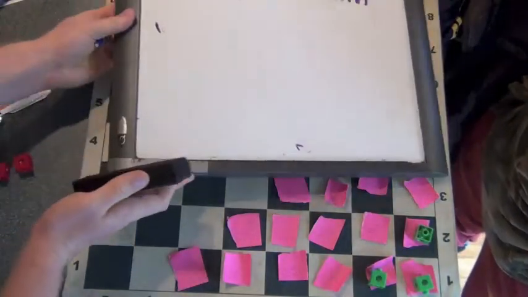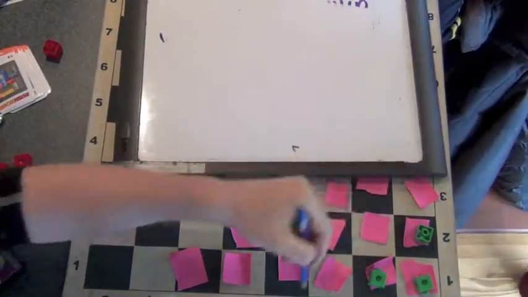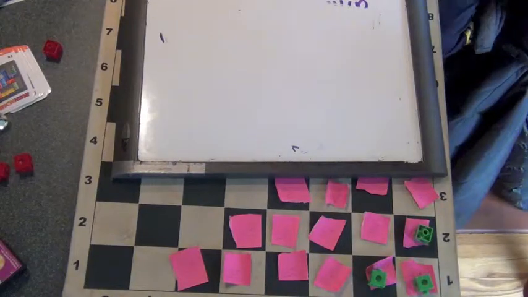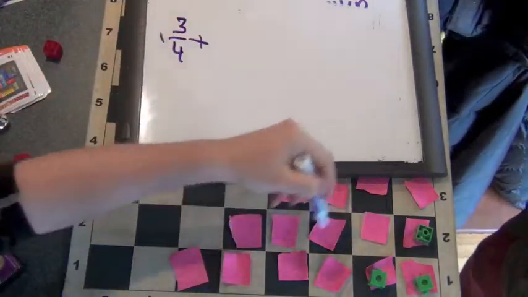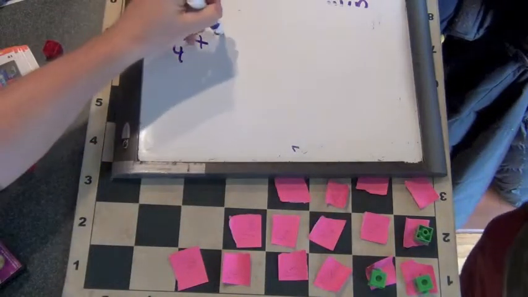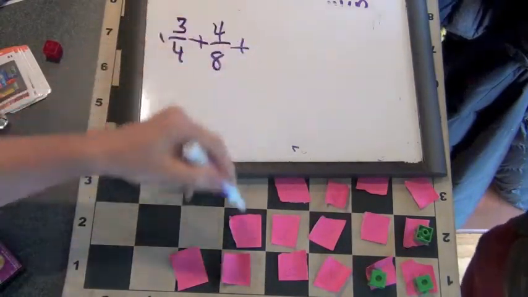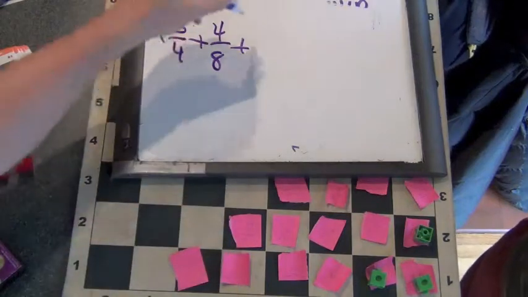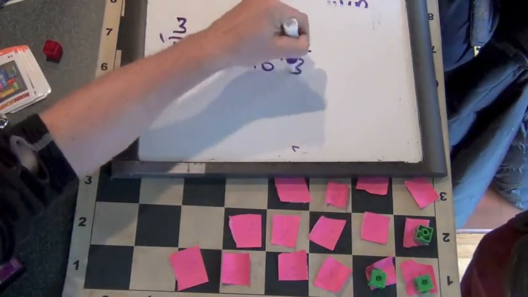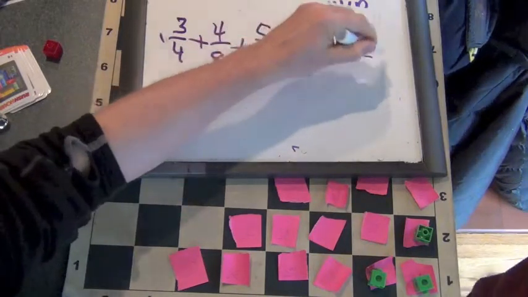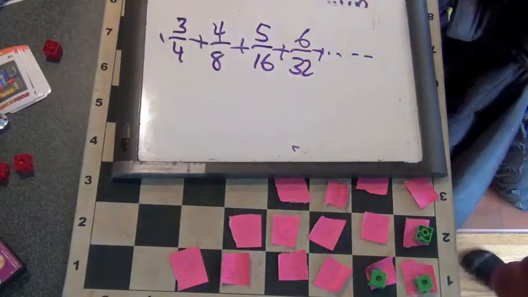Outside of the prison, the first diagonal is how many fourths? It's 3/4. What's the next diagonal? 4/8. That's a half. And what's the next diagonal? 5/16. And 6/32, and on and on and on, all the way out to infinity, right?